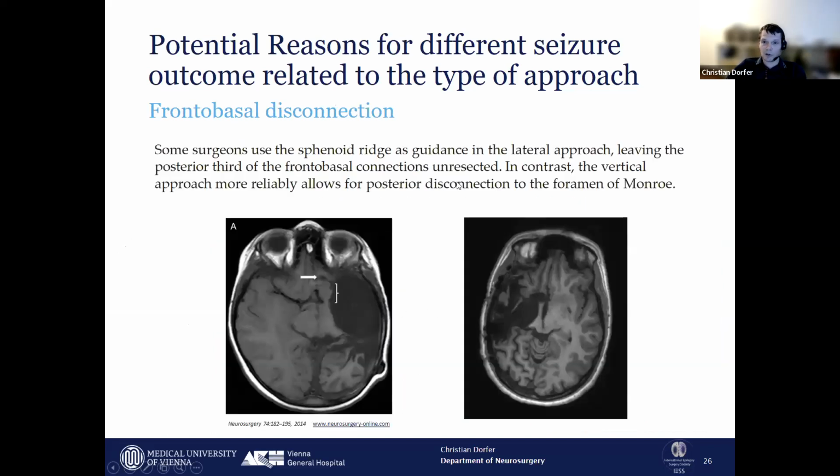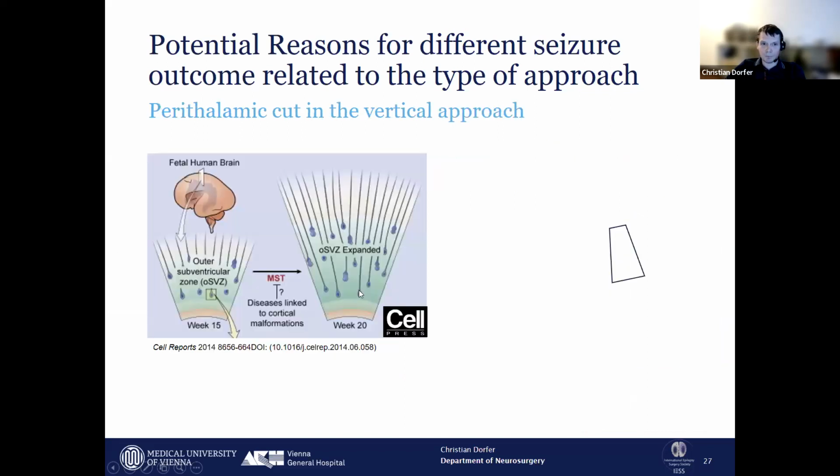And then, as Marek already outlined, frontal-basal disconnection. For the lateral approaches, some surgeons use the sphenoid ridge as a guidance, and then the posterior part of the frontal-basal gyri may be incompletely disconnected. For the vertical approach, this is not an issue. And the last one is the perithalamic cut through the vertical approach.